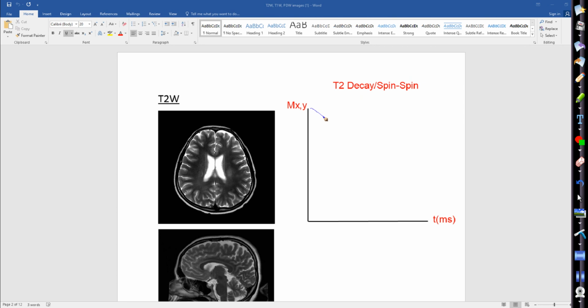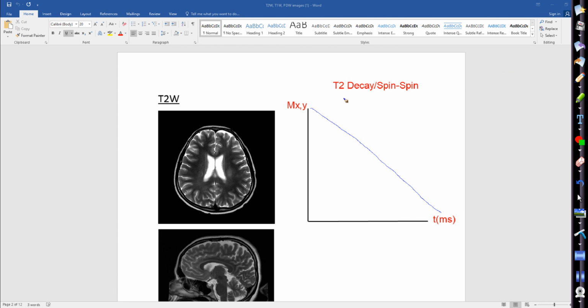So then I'm just going to kind of draw a linear slope going down to 0. Slow. But I was mistaken. I said recovered, but we're on T2 decay. Sorry if I confused you. So we're doing the T2 decay. So water decays slow.